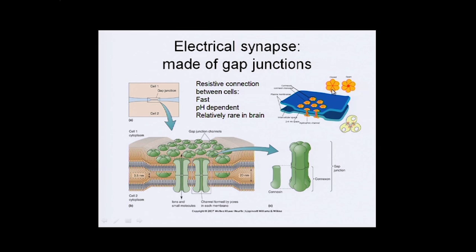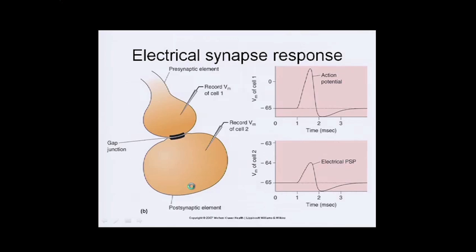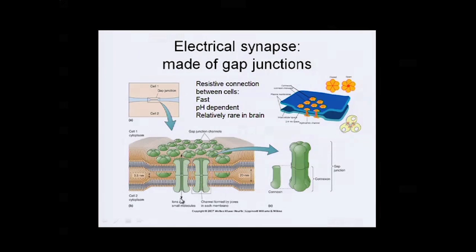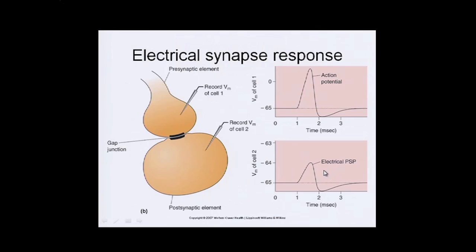They're in two positions, either closed or open, depending on the protein configuration. When they're open, they allow ions to pass through these pores. I believe they're nonspecific. And so you get a response in the cell.